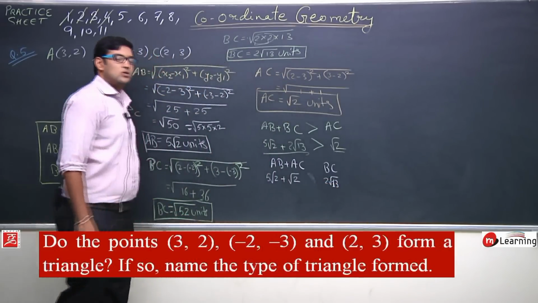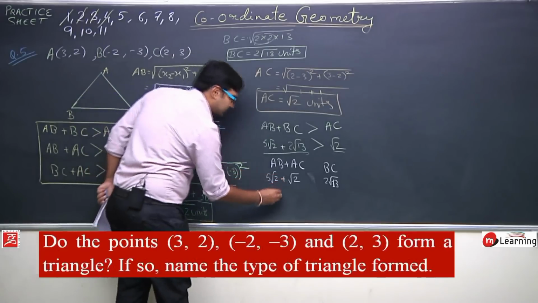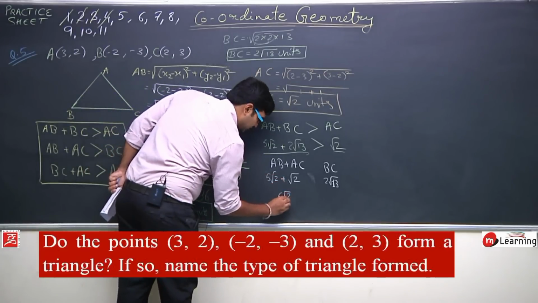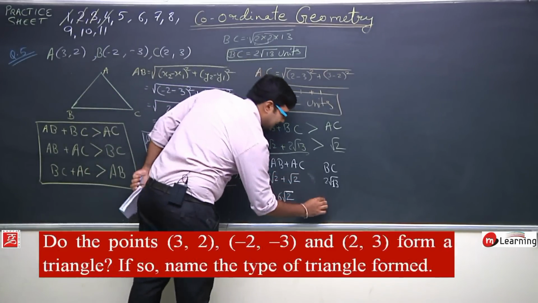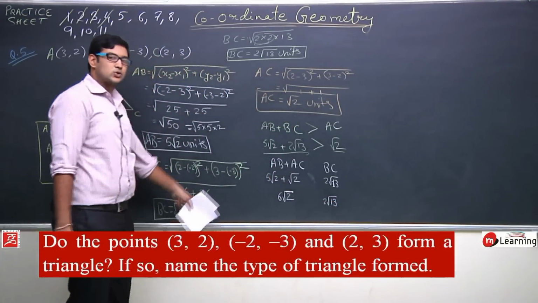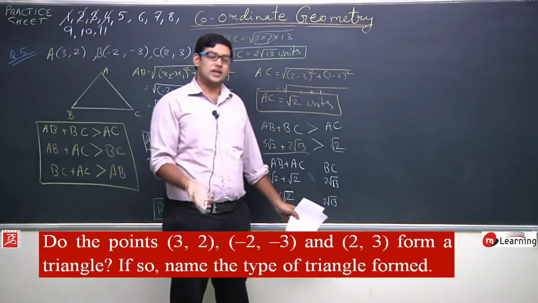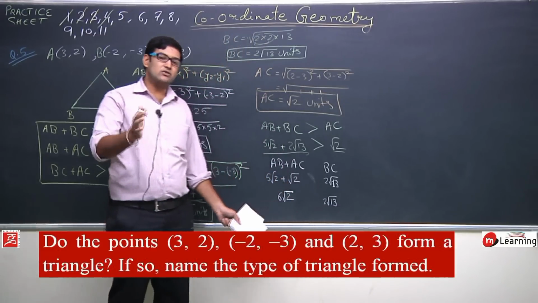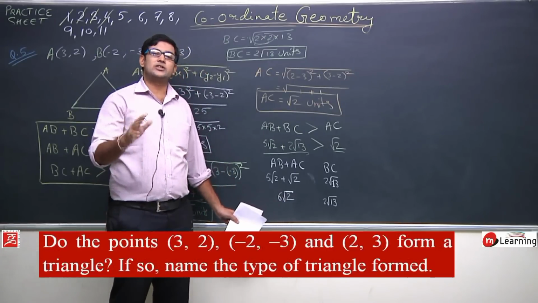Square root of 2, this 2 into square root of 13. So this is what? This is 6√2, and this BC is 2√13. Is 6√2 greater or smaller than 2√13? How to check? We can use some approximation. This √2 is 1.4 something.